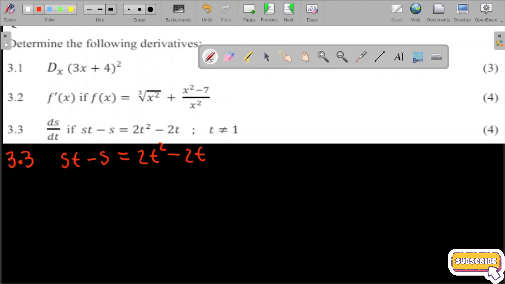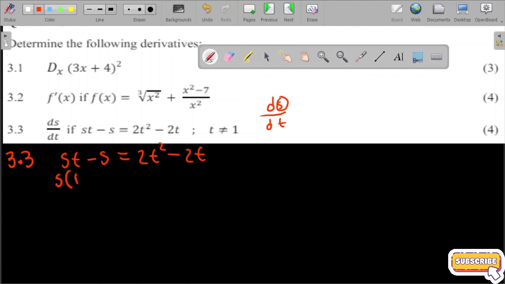Good people, now we're doing 3.3, where we are deriving ds in terms of dt. First thing we must do, since we're deriving with respect to s, is make s our subject of the formula. So here I'm going to take out the common factor of s.